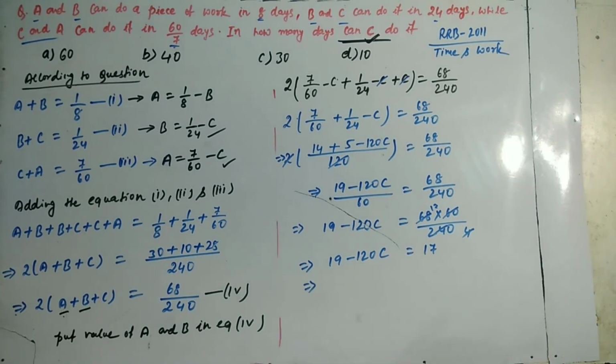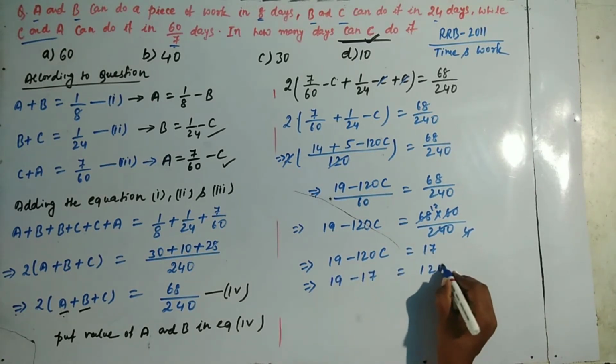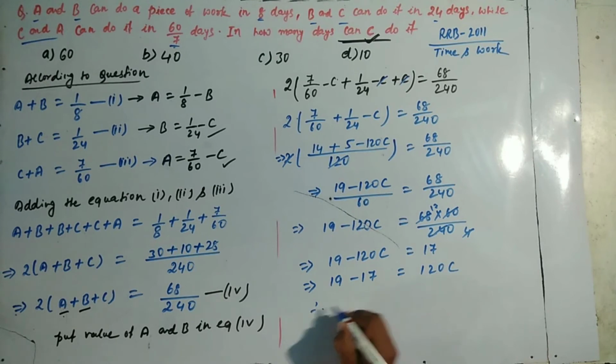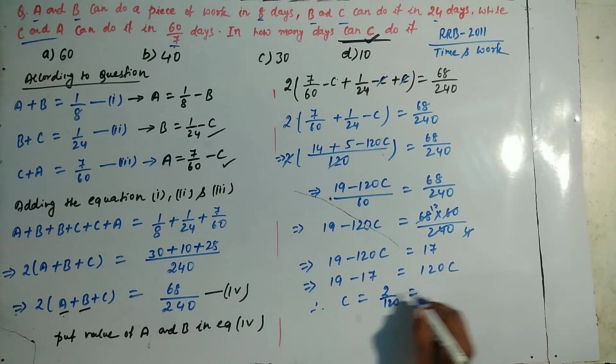So 19 minus 17 equals 120C. Therefore C equals 2 by 120, and 120 cancels by 2, so C equals 1 by 60.